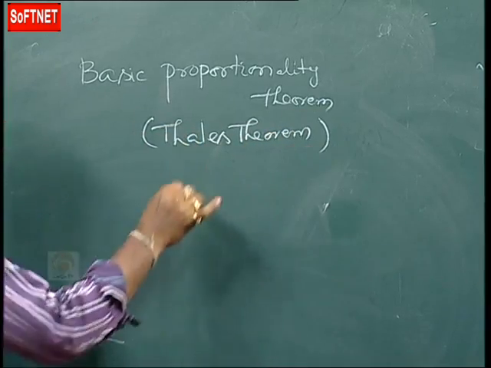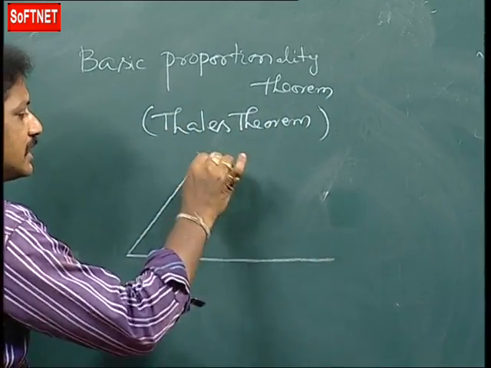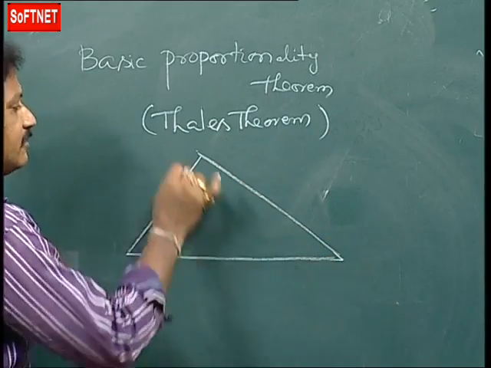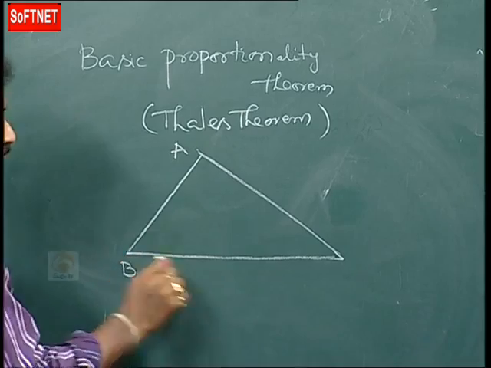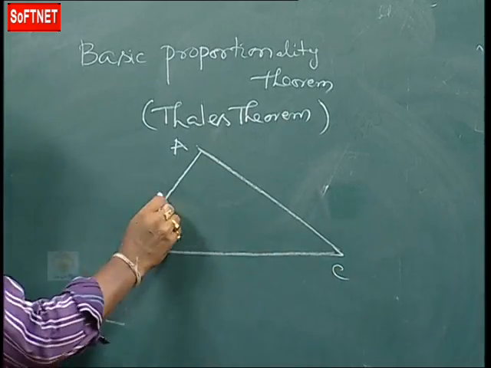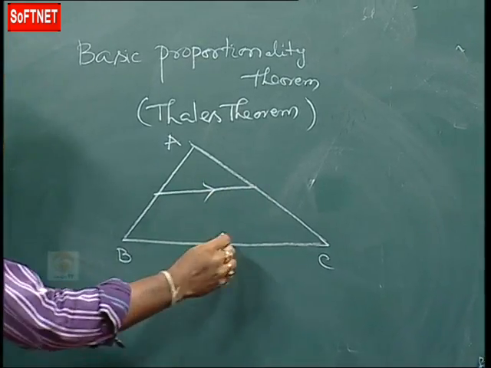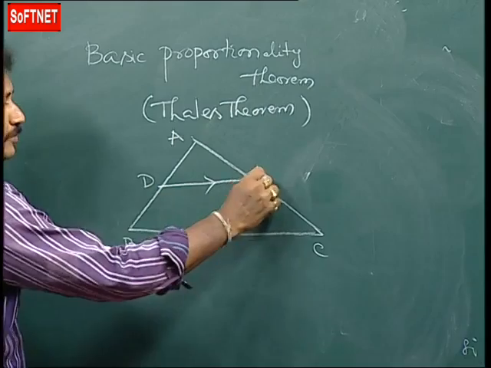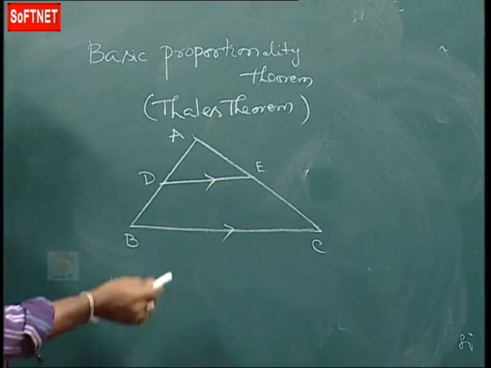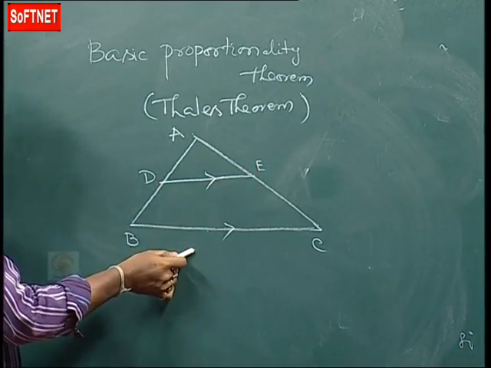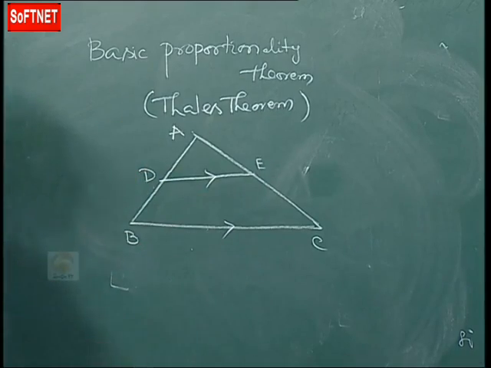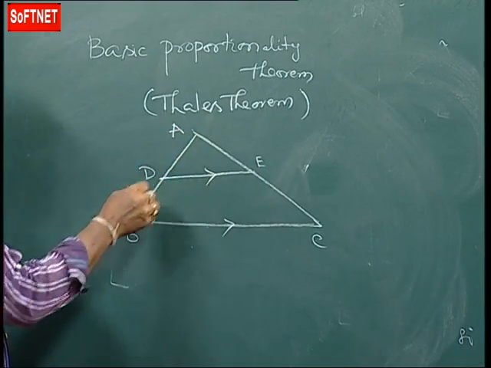The statement of the basic proportionality theorem is: in a triangle, the line drawn parallel to one side, if DE is a line drawn parallel to side BC, divides the remaining two sides in the same ratio.